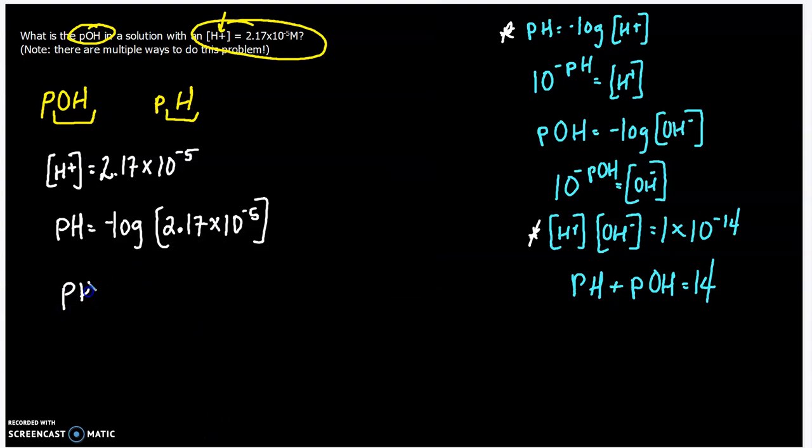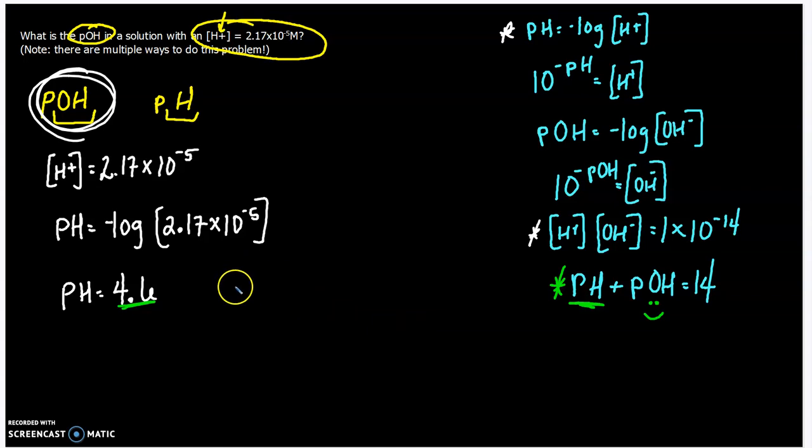So pH equals 4.6. But we want pOH. This is what we want. So I think I remember we talked about pH and pOH equal 14. This is good because we know pH, and this is what we want. So let's plug it in.